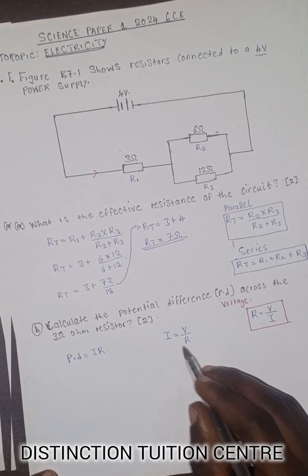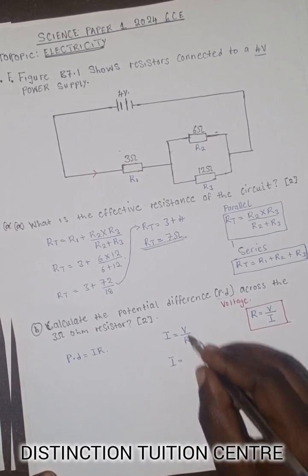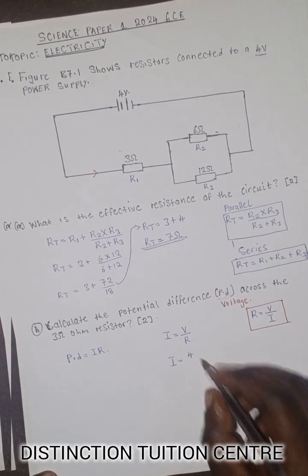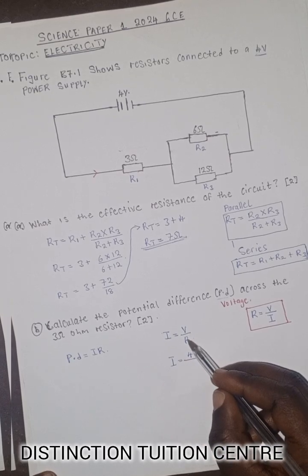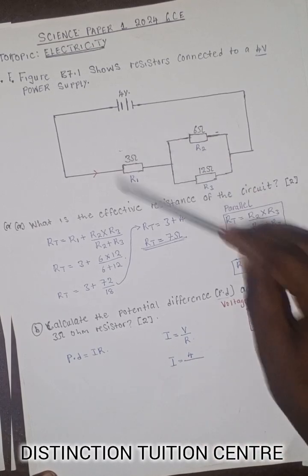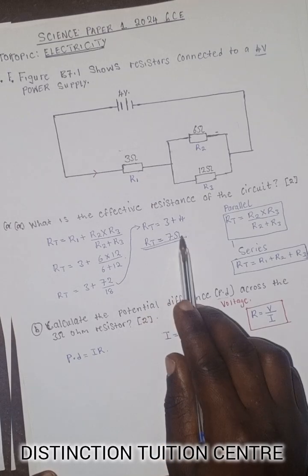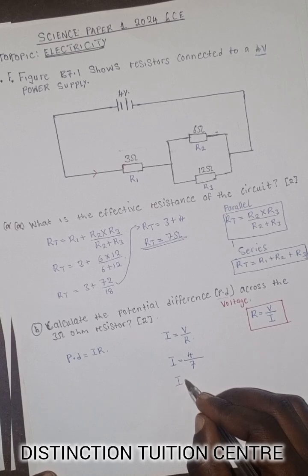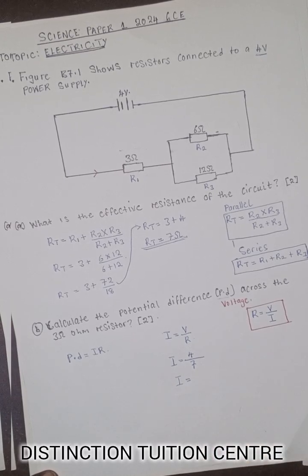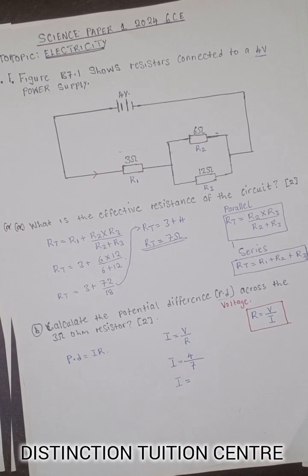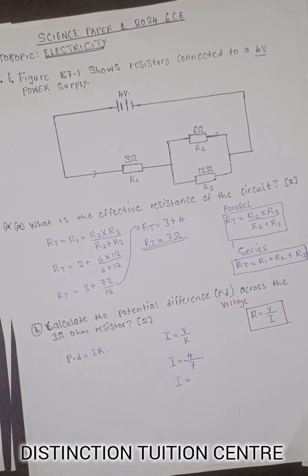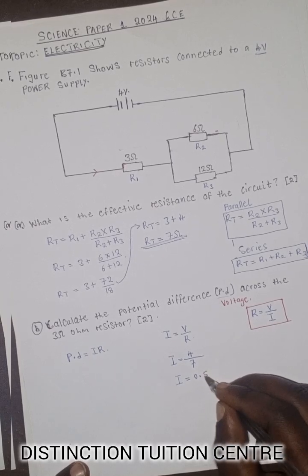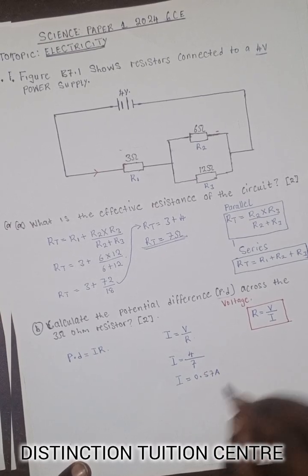We have 4 volts divided by the total resistance, our effective resistance of 7. So the current for the circuit is 4 divided by 7, which gives us 0.57 amps.